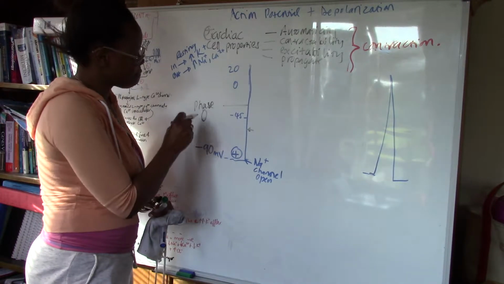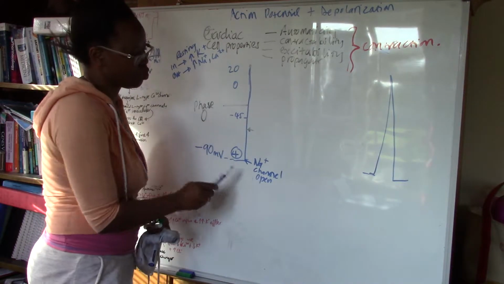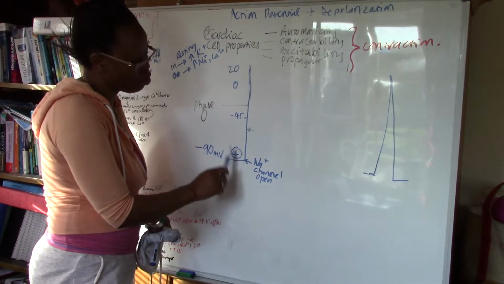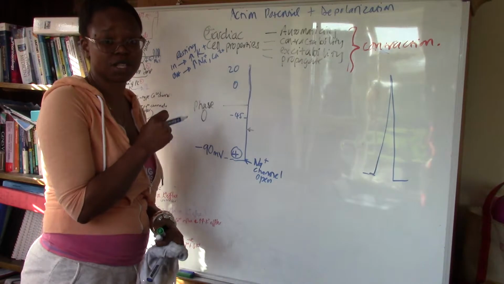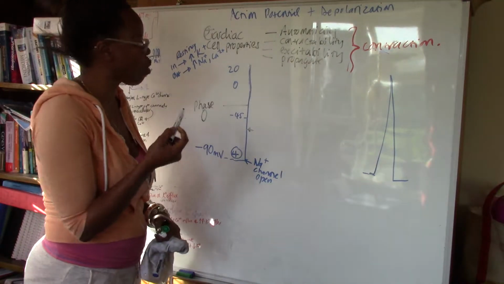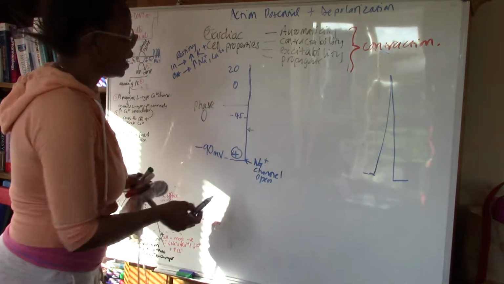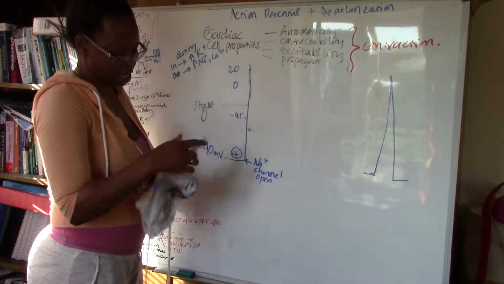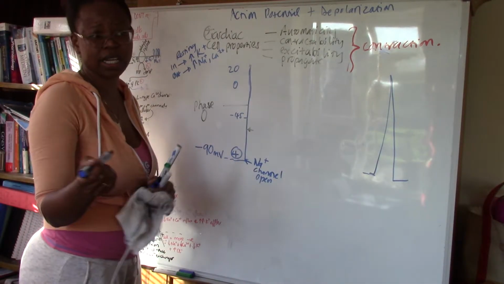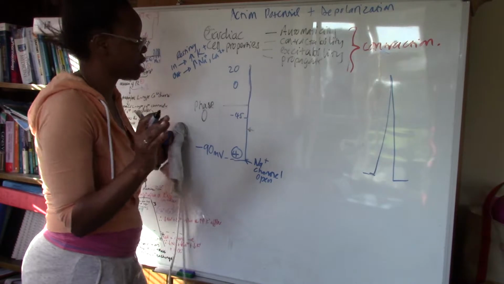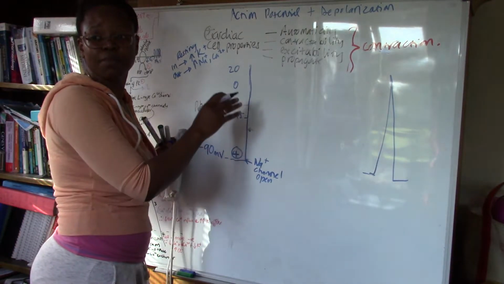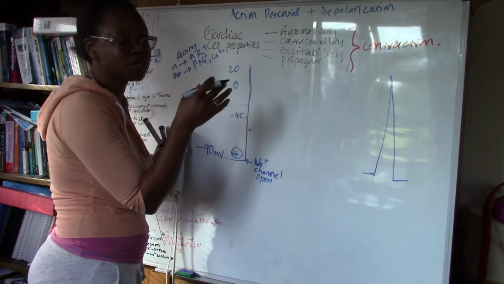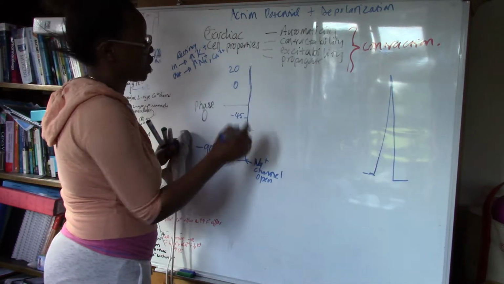However, phase 0 is much more dependent on the movement of sodium from the outer surface of the cell into the intracellular compartment. And as that happens, the cell will naturally want to normalize that effect of sodium coming in and making the cell more positive. It will naturally want to correct that.